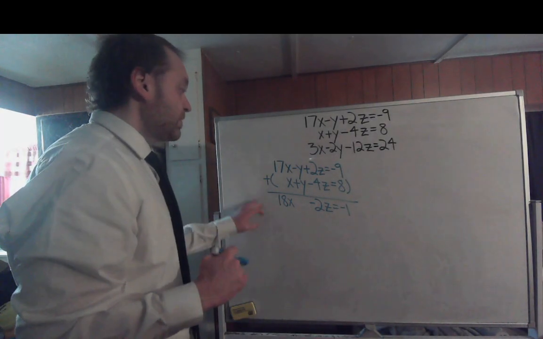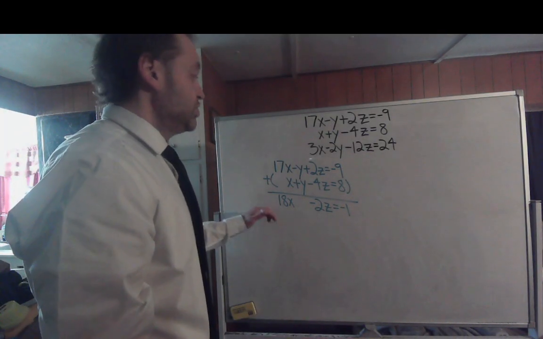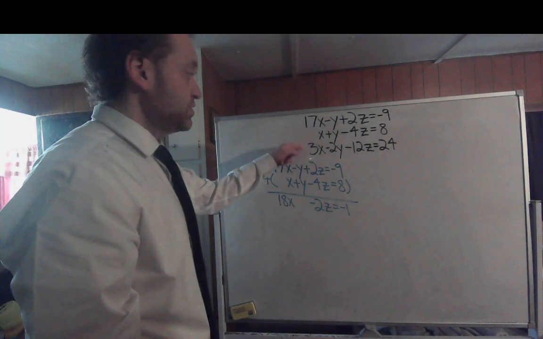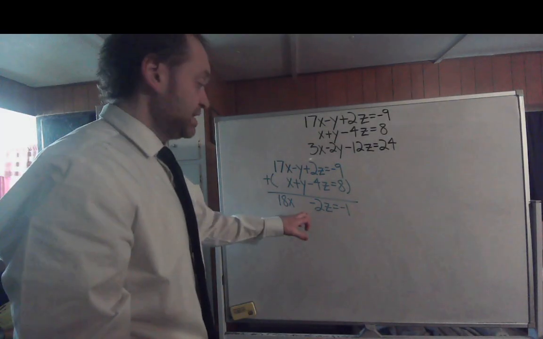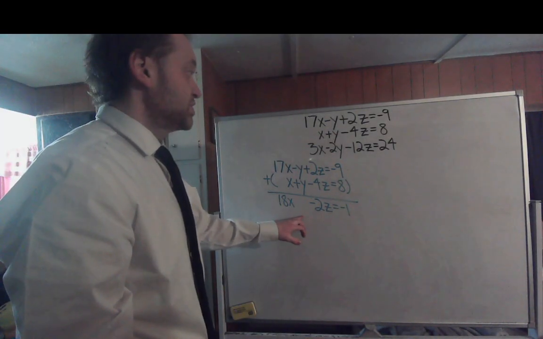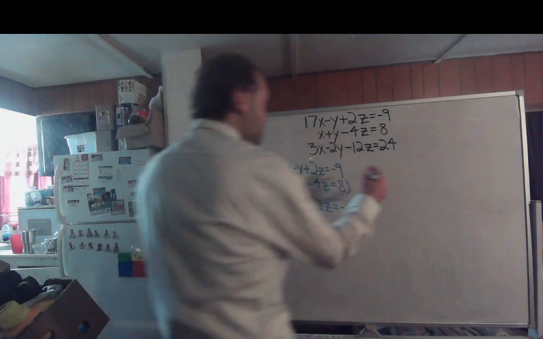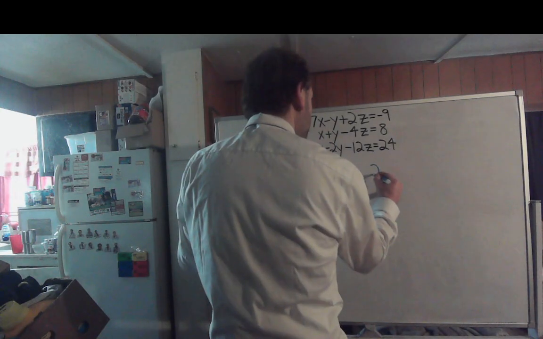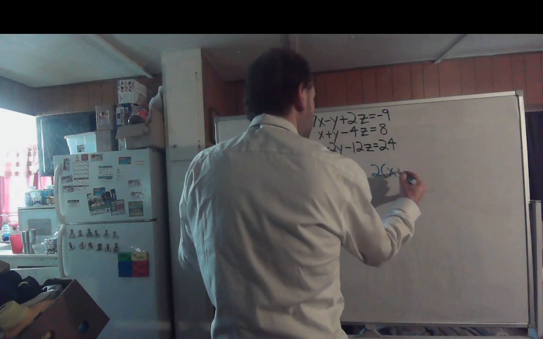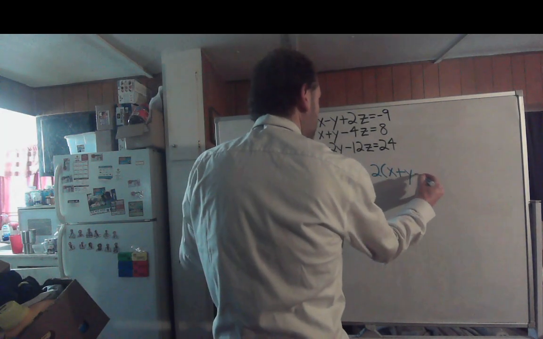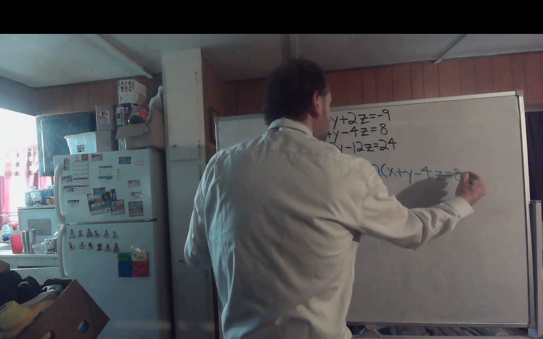Now, you can also take the other two equations and get a second equation of only two variables. So I'm going to take twice equation 2, which is 2 times the quantity x plus y minus 4z, set equal to 8.